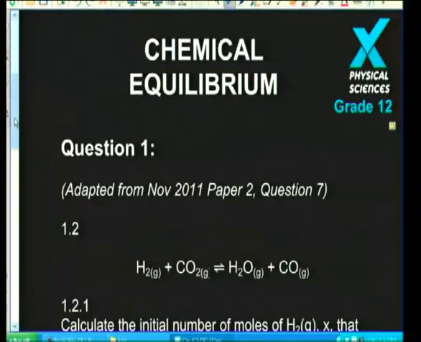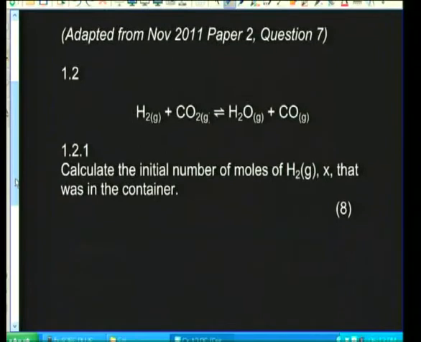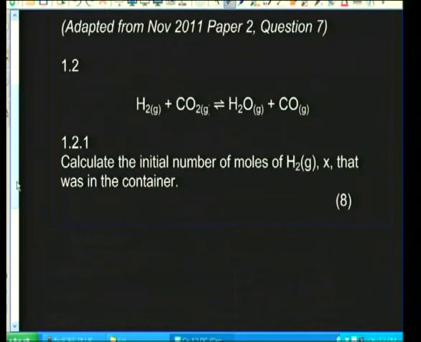Let's have a look at what the question's asking us to do. There's my equation. Calculate the initial number of moles of hydrogen gas. So initial means the start, and I'm looking at how many moles of X did I put into this container.